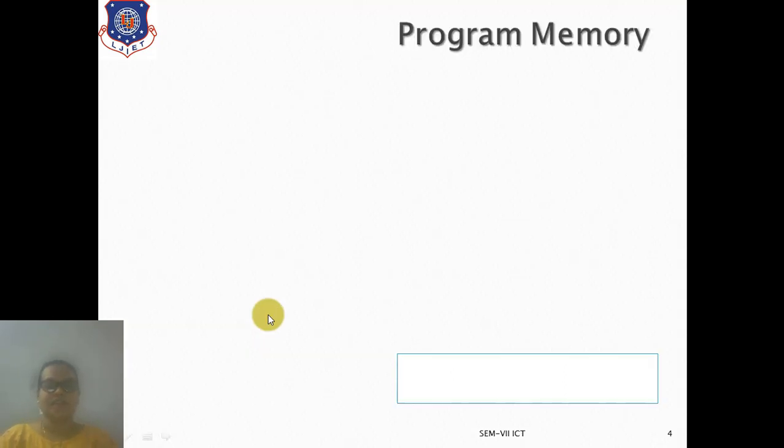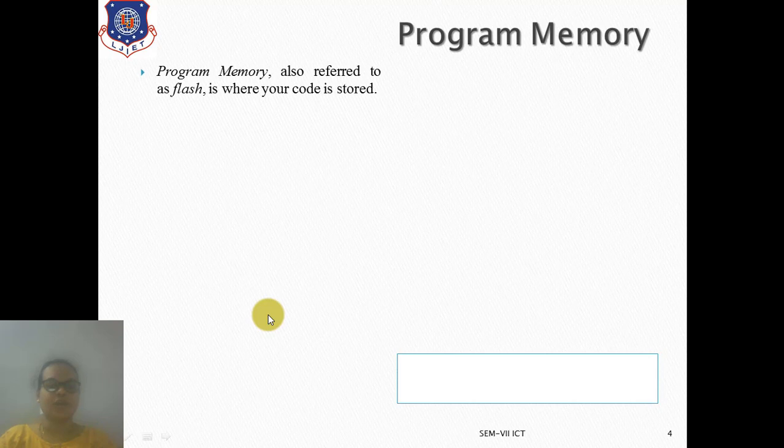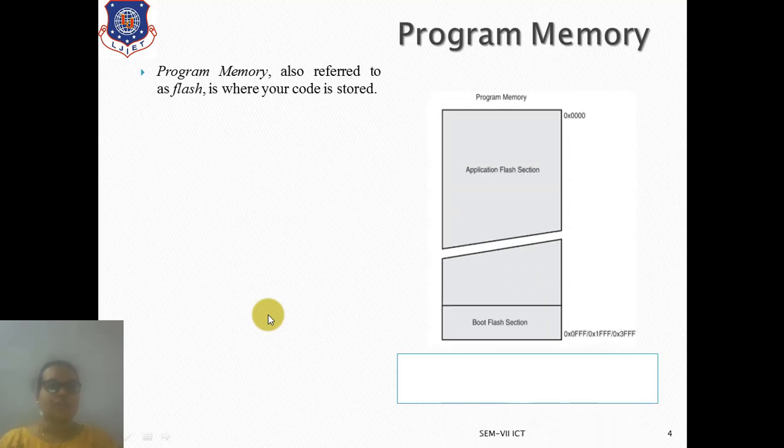Now next, we are going to discuss what is program memory. The program memory is also referred to as flash, in which your code is stored. Now in this figure you can see the figure of program memory, in which the first part, from 0x0000, is the application flash section, right, from where the application related programs need to be written.